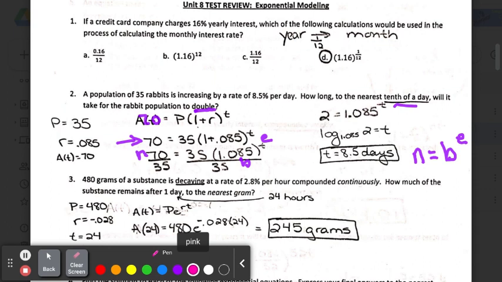So the first step is to get rid of this extra piece, so we divide both sides by 35. You get 2 equals 1.085 to the T. So here's your base, here's your exponent, here's your number. Put it in log form and then use alpha window 5 in your calculator.